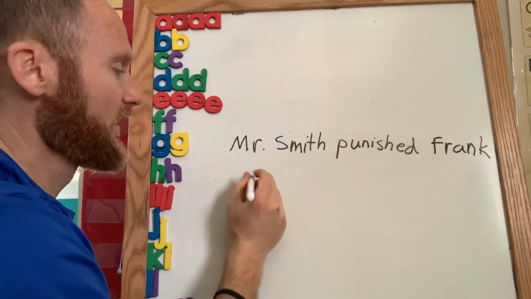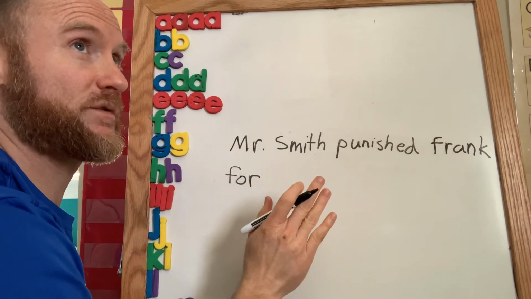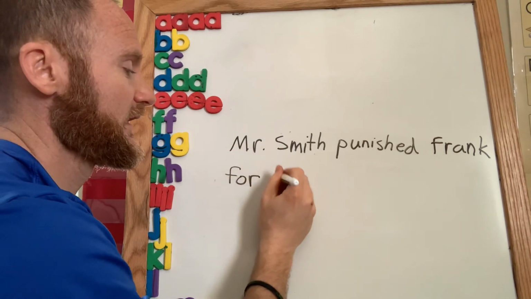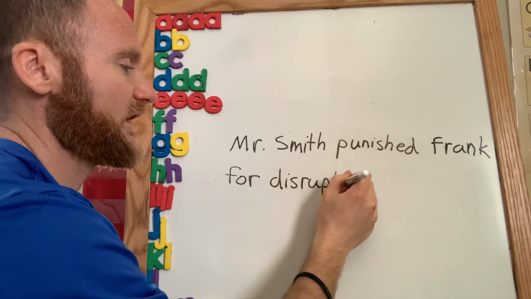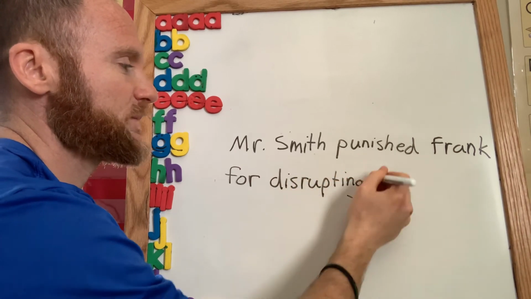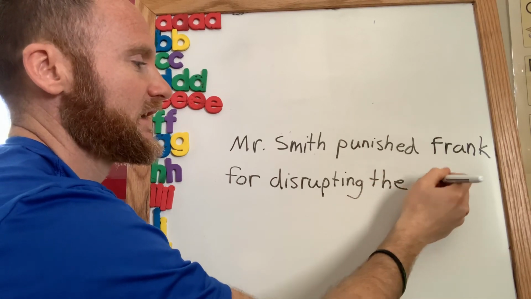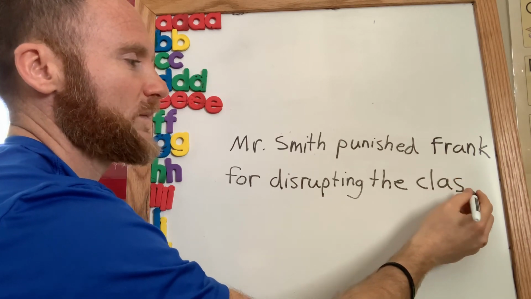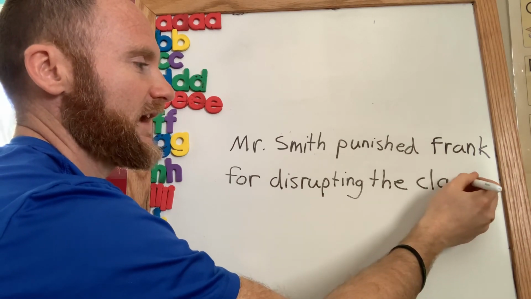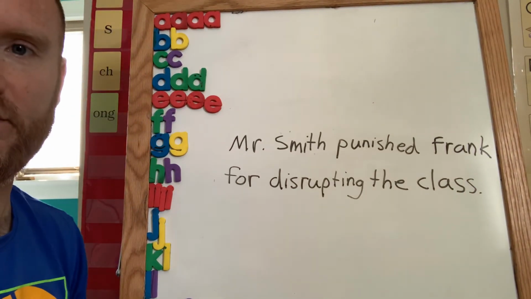Punish Frank for disrupting. I'm just doing the base word. Disrupt. And then I'll add my suffix. For disrupting the class. Ass. What am I missing here? That bonus letter because it came after that short vowel sound. All right, there you go.